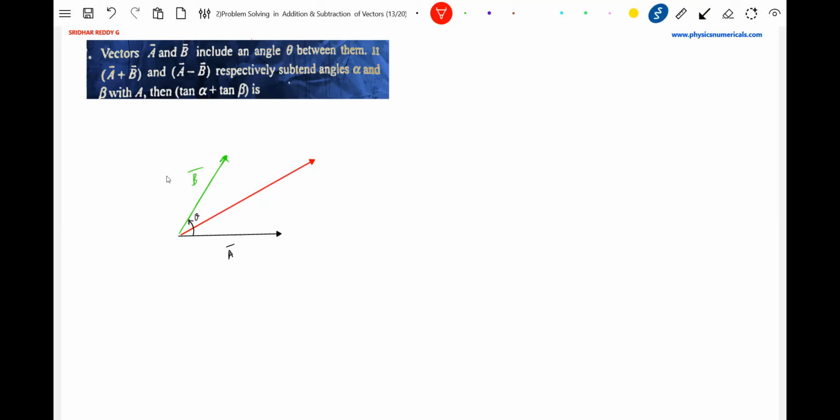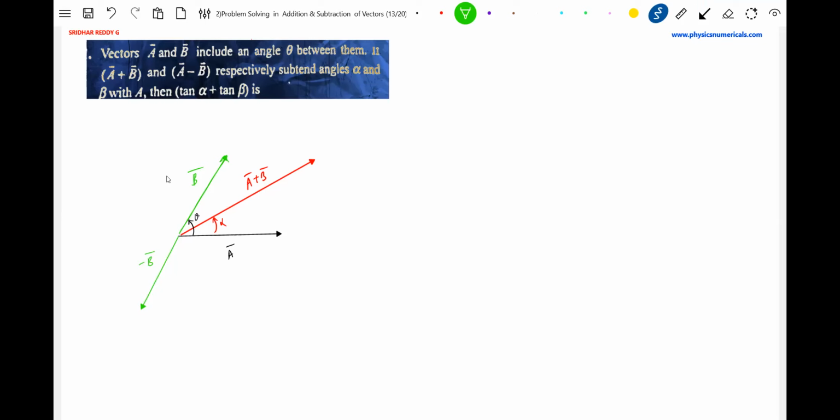So this is alpha, and this is what you should call A bar plus B bar. Then minus B bar, the negative of this vector. Let me bring it here.